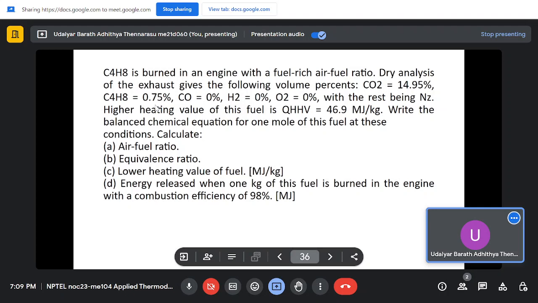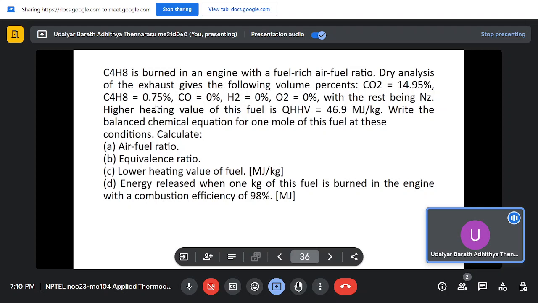CO2 is 14.95%. Butane or isobutane is 0.75%. CO is 0%, H2 is 0%, O2 is 0%, with the rest being nitrogen, N2.